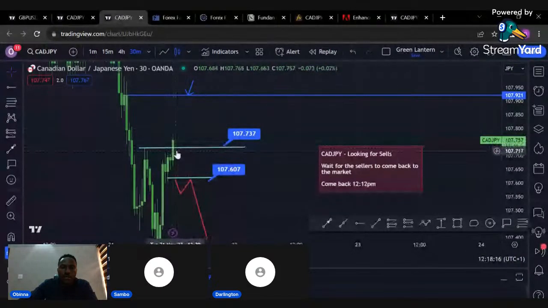So it looks like we're going to have a counter trade here. So that's what's happening.